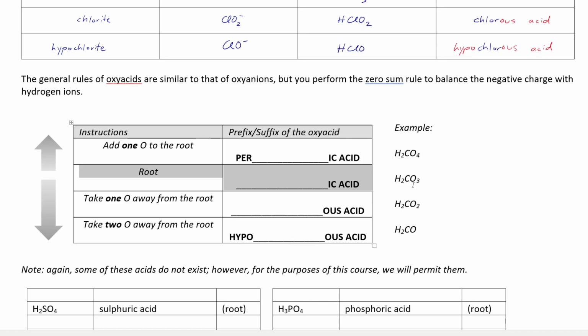So H2CO3, we would call that carbonic acid. H2CO4, because it is one oxygen above H2CO3, we would call percarbonic acid.